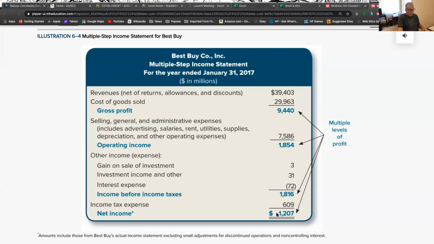Net income 1207. So notice 1 subtotal, 2 subtotals, 3 subtotals, 4 subtotals. So we don't go from revenue to net income in one step like we did previously, right? We've got 4 steps before we get to net income.